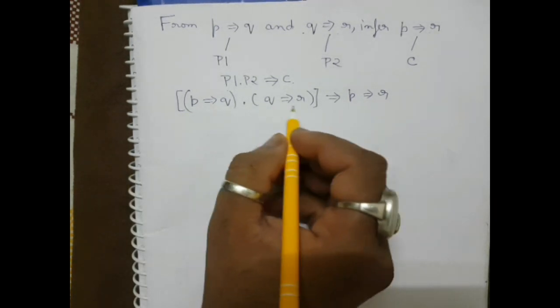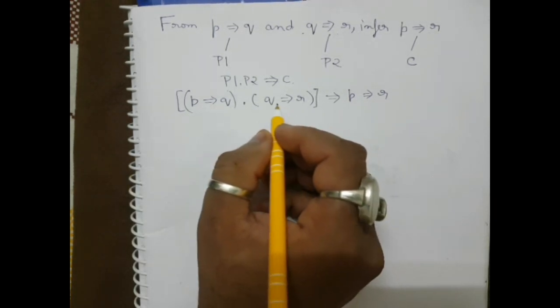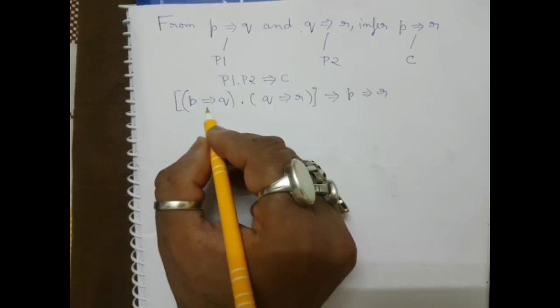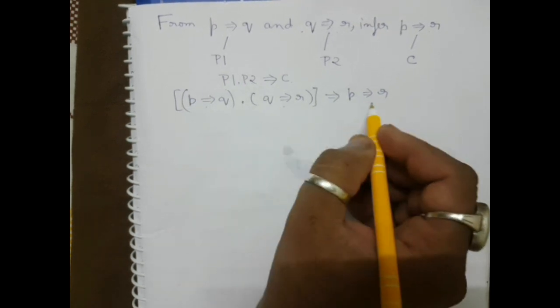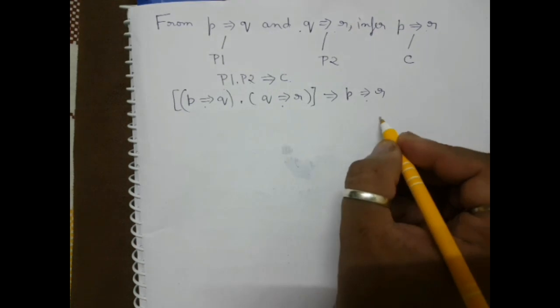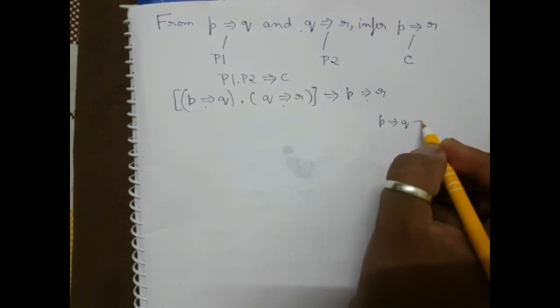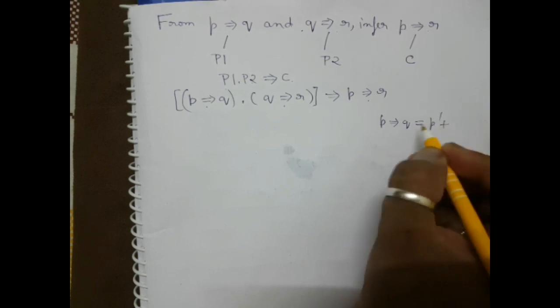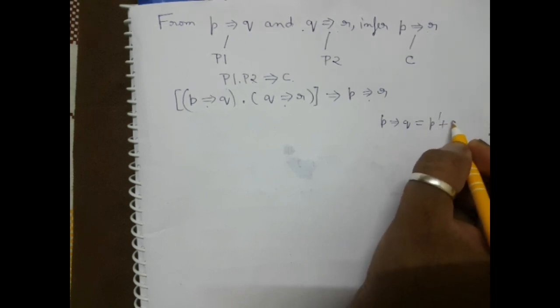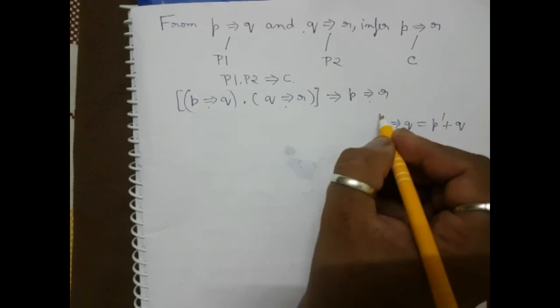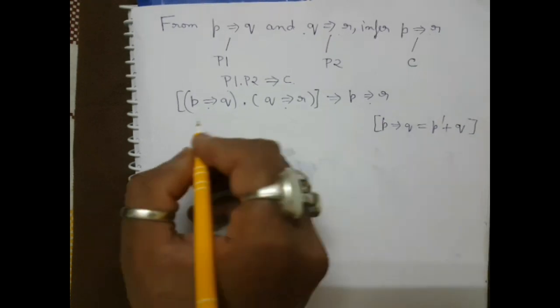Now we perform conditional elimination first, that is our first step. Here the conditional has to be eliminated, there also, and here as well. Conditional elimination is what? P conditional Q is equivalent to P dash, that means P complement, plus Q. So this is conditional elimination, that is what we have to follow here.